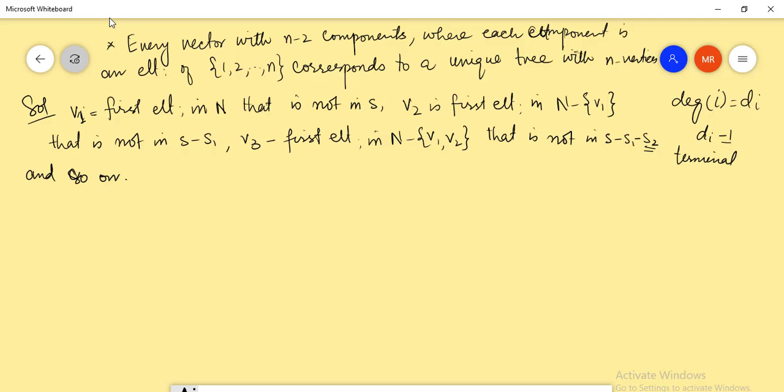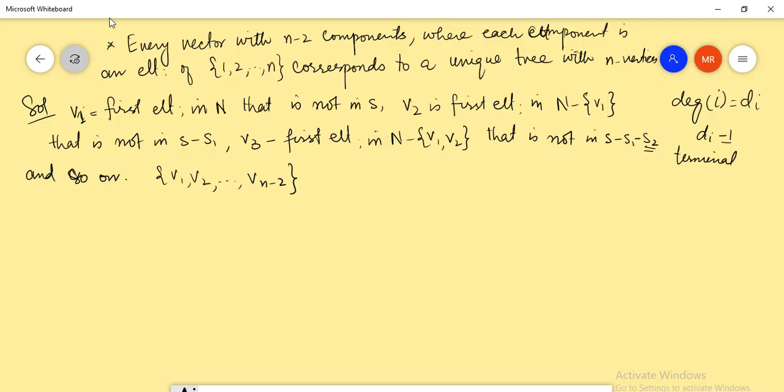So the process is repeated until we obtain this set V1, V2 up to Vn minus 2.